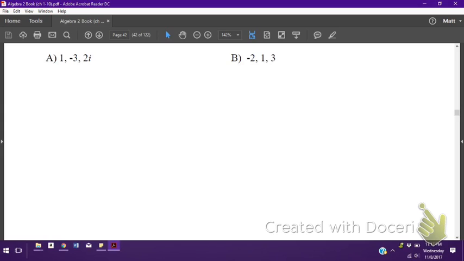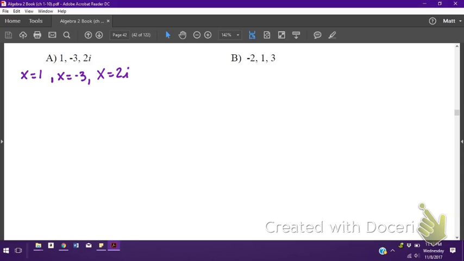What do I mean by that? If I take my a, I know that x is equal to 1, x is equal to negative 3, and x is equal to 2i, right? What I could do is make this really easy, and I need to make these into a binomial.